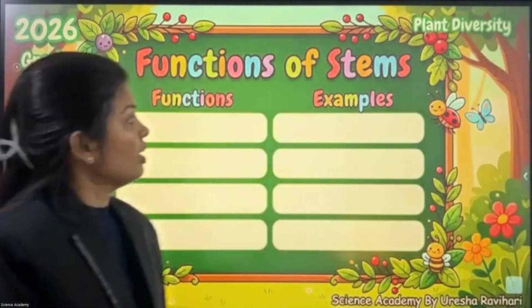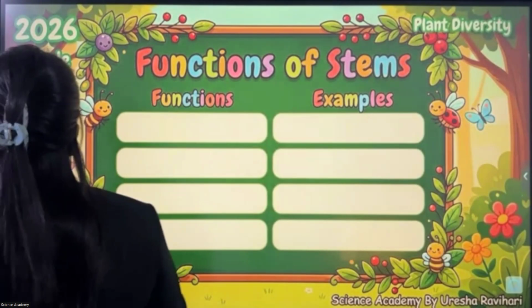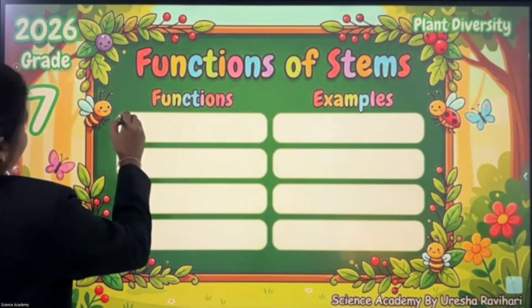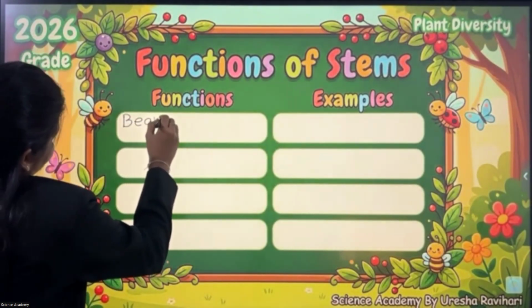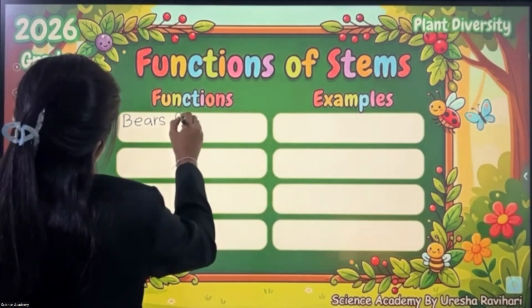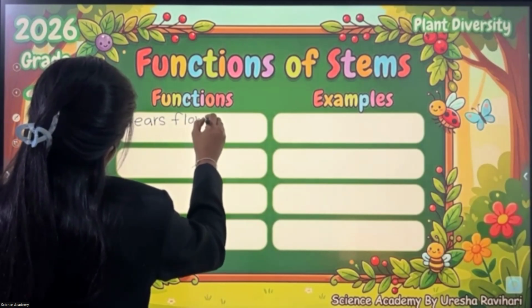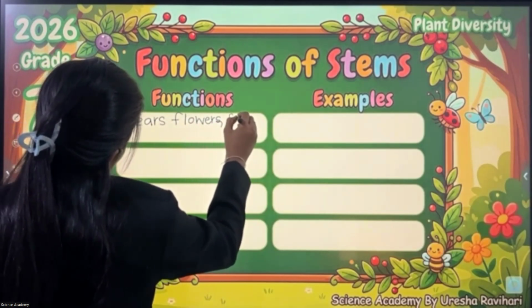Here, I will write down functions. Bears flowers. To keep the plant steady.